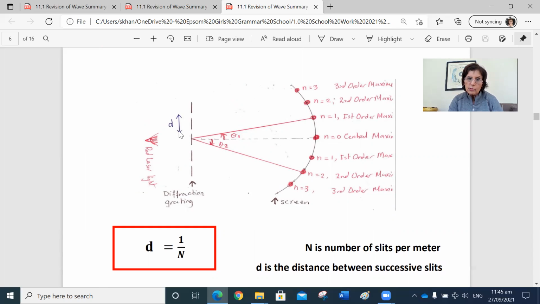So what you will see on the screen is just a bright patch of red light instead of individual dots.